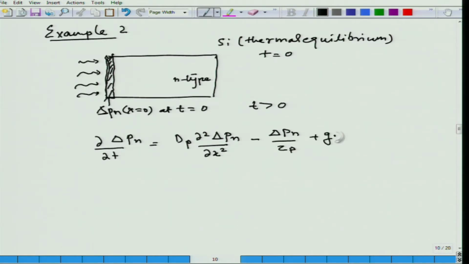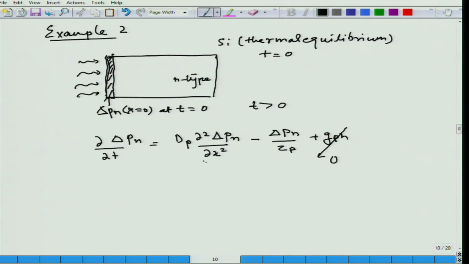Plus, now since we had illuminated this at time t is equal to 0, and then after that we shut off the light, the photo generation for time t greater than 0 can be assumed to be 0. It is as if we created excess carriers, and after that there is no photo generation in the rest of the material. This part is going to be 0.